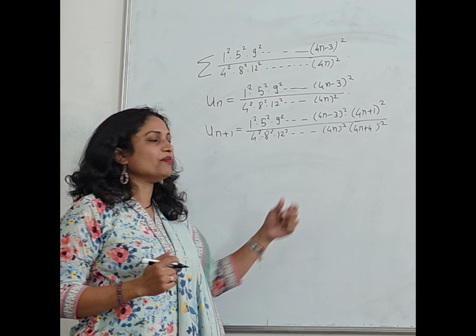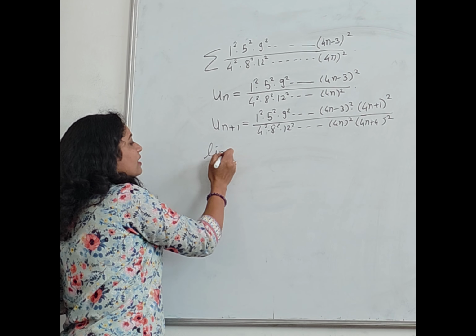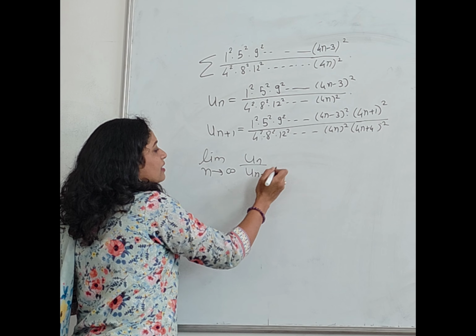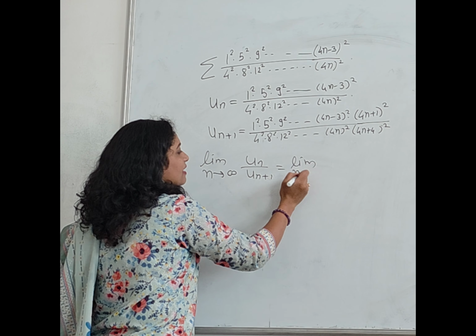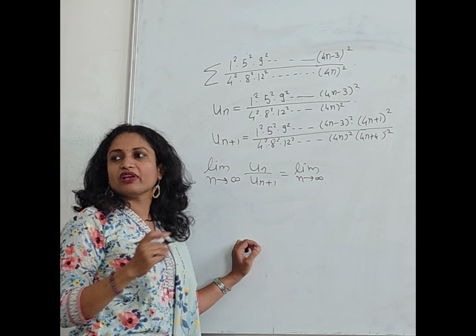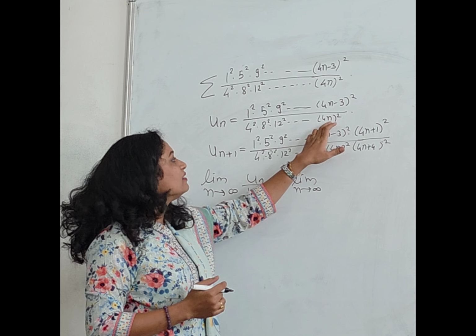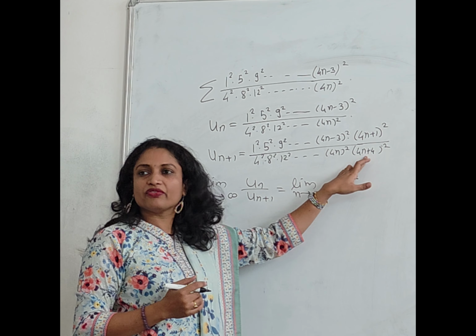Now take the ratio's limit. So limit of n tends to infinity un upon un plus 1. We have solved such an example before as well for the product. So you know this will get cancelled with this, and you will be left with this pattern.